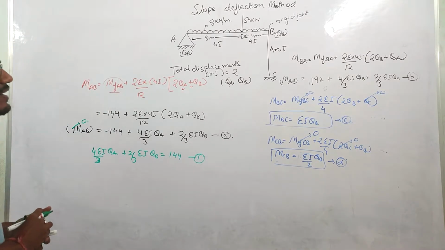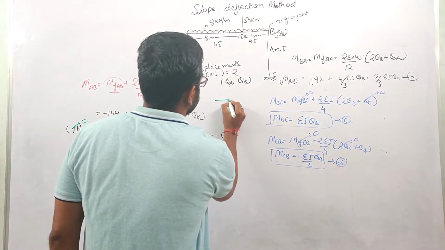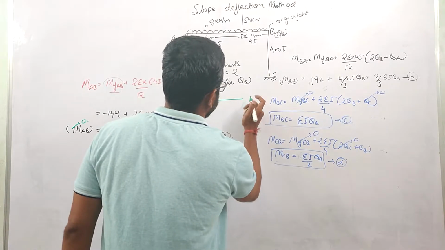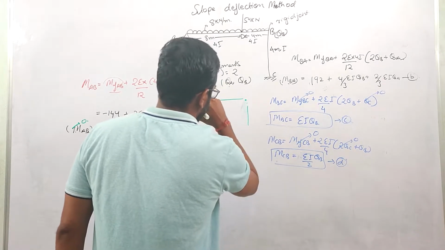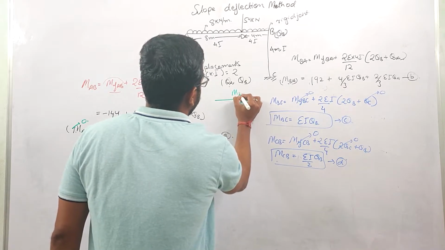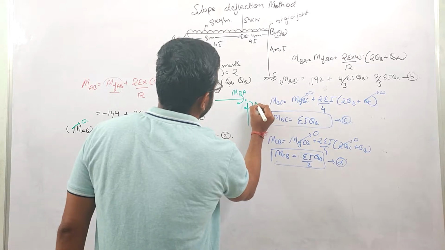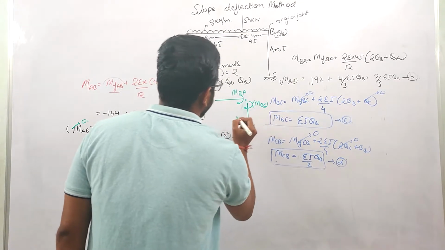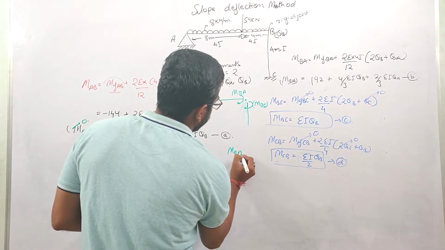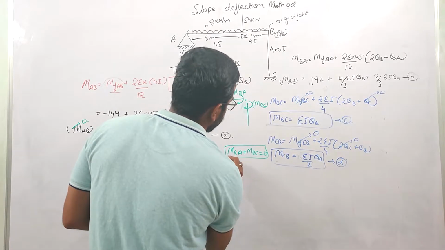Now I need another equation. If we consider this joint B, this is a moment MBA, and this moment is MBC. For the equilibrium of this rigid joint, I need to write MBA plus MBC equals 0.